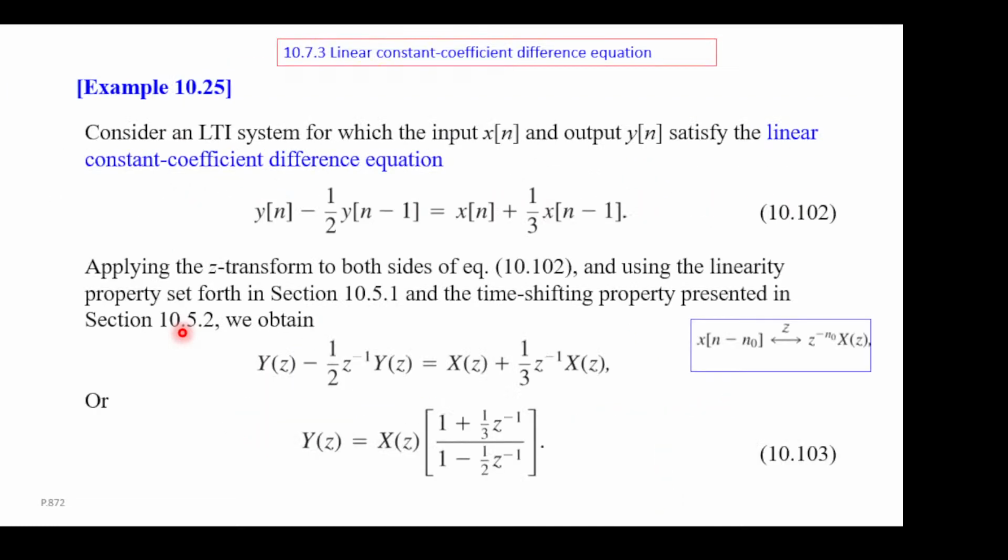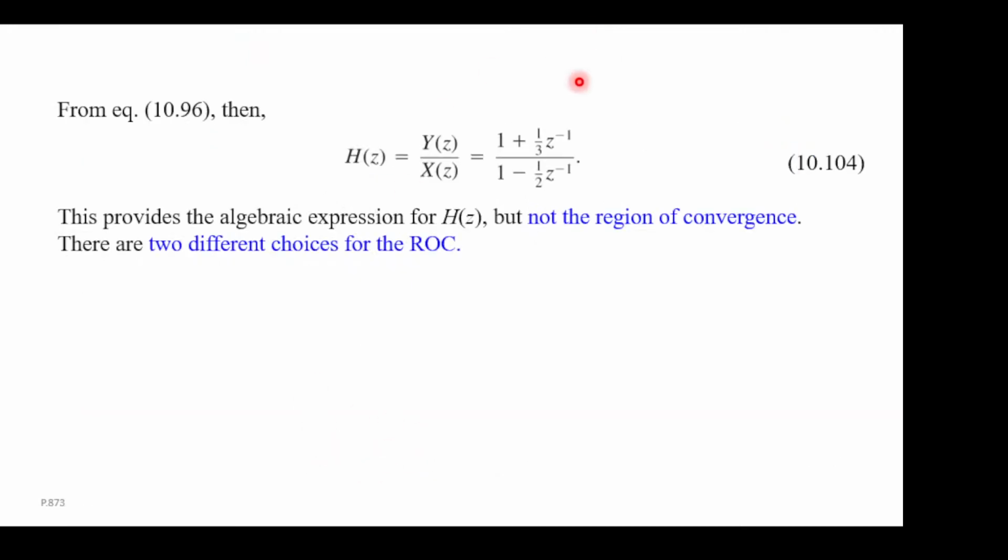And finally, you want to say how to solve the linear constant coefficient difference equation. And just as usual, you apply the Z transform to everything. And then you find out that this time shift here, so minus something, say minus 1, gives you an extra z minus 1, and minus 2 will give you a z minus 2, etc. Then you find out that your big Y divided by big X is a polynomial in z minus 1, which can be turned into a polynomial in z.